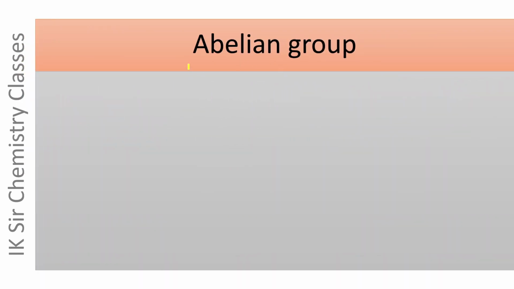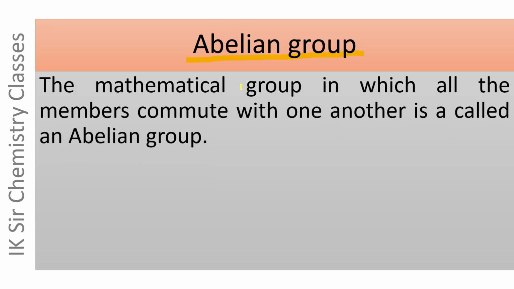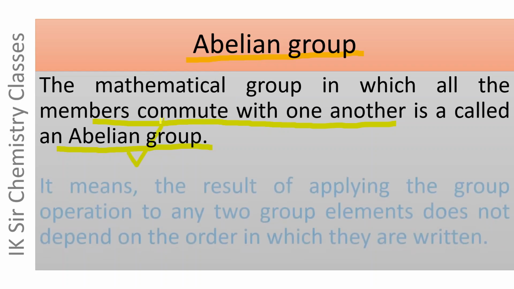Now, there is a special type of mathematical group which is called Abelian group. The mathematical group in which all the members commute with one another is called an Abelian group.